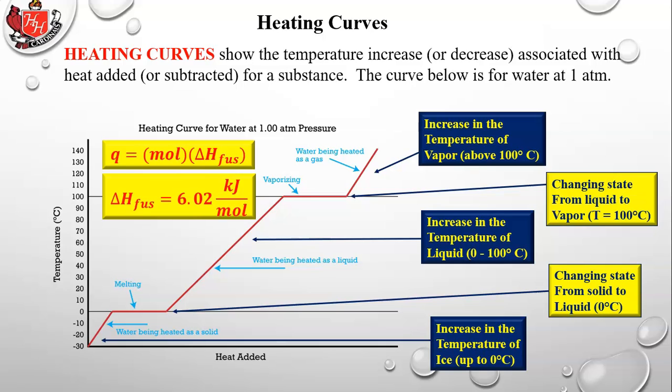Once the ice is entirely melted, that means it's now entirely liquid water, then the temperature, as you continue to add heat, continues to go up. That's that long sloped line in the middle. And the temperature will continue to go up from 0 degrees all the way to 100 degrees, which is the boiling point of water. Once water hits its boiling point, it can't go above 100 degrees.